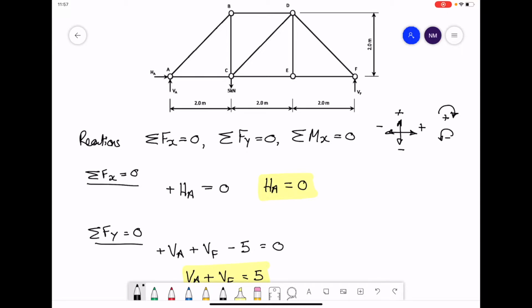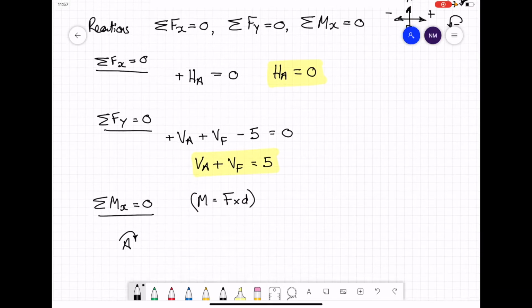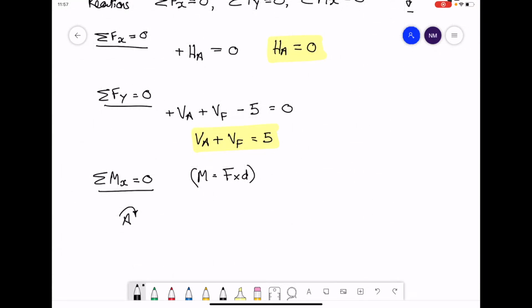What does produce a moment is the 5 kilonewtons at point C, and the other reaction, VF, applied at point F. For these two forces, I'm going to write down the force and the distance from point A to that force. So for the 5 kilonewtons, the size is 5 kilonewtons and it's 2 meters from point A over to point C.